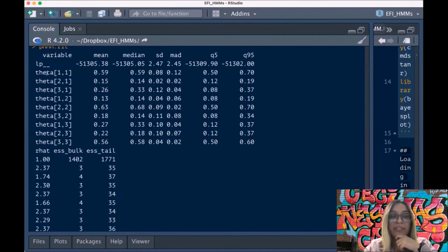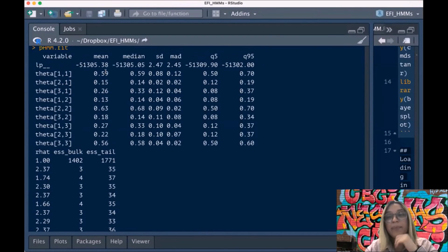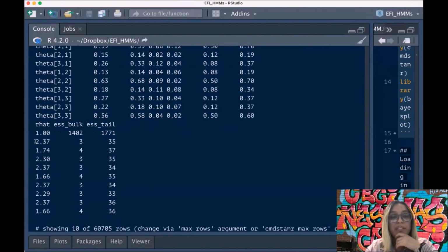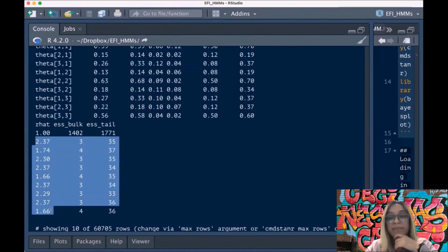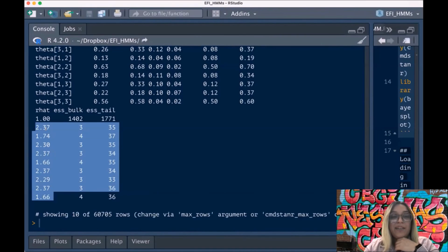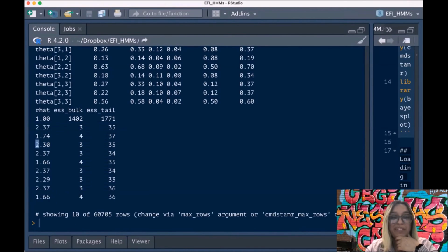So what's going to happen is that our theta was our transition probability matrix entry. And in the Bayesian framework, what you typically do is look at R hats, and you want your R hat to be equal to 1. We spent all that time waiting, and look at our beautiful R hats of 2.37, 1.74, 230, and so on.